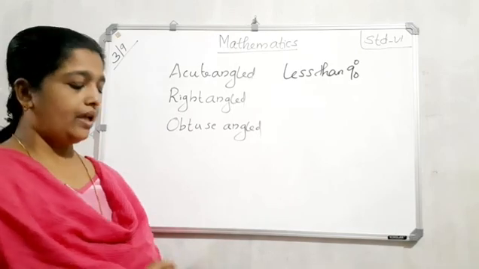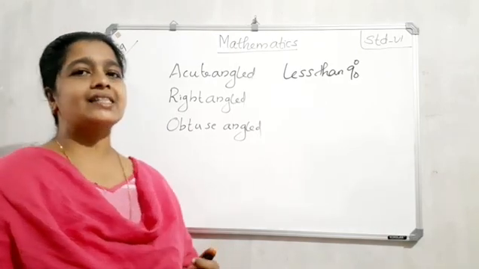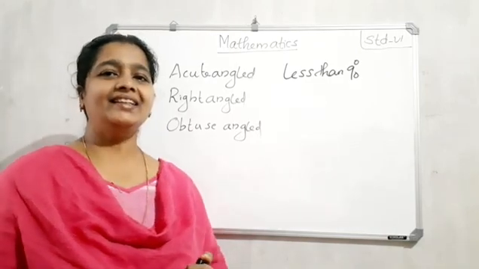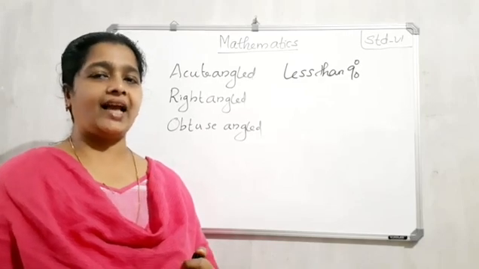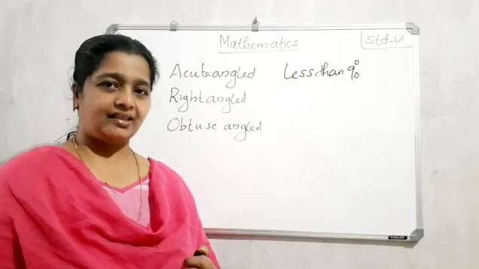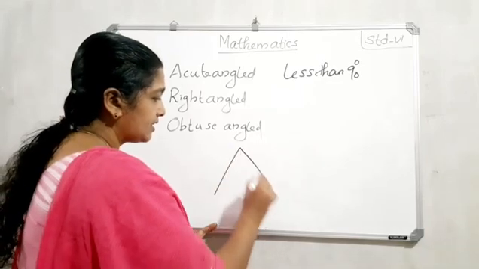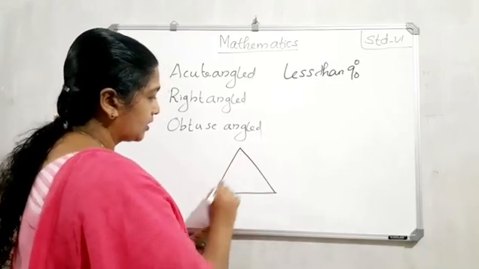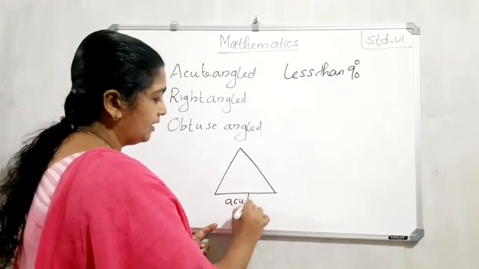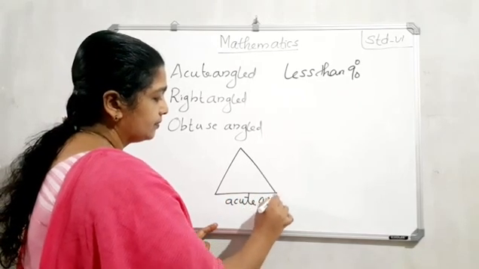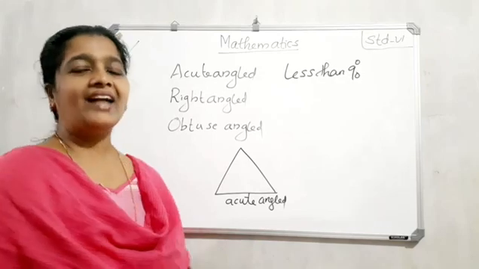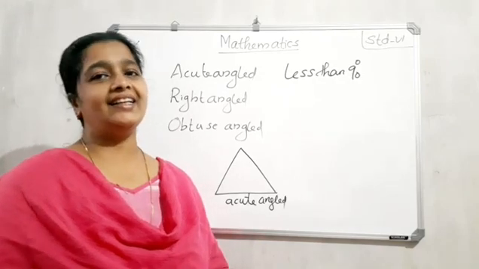Once more, if each angle is less than 90 degree, then that type of triangle is known as an acute angled triangle. Next, what is a right angle? 90 degree.